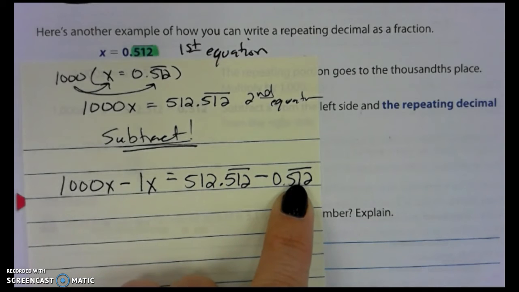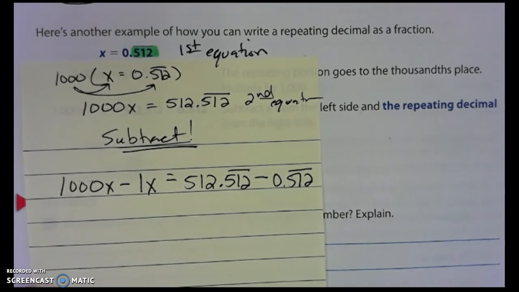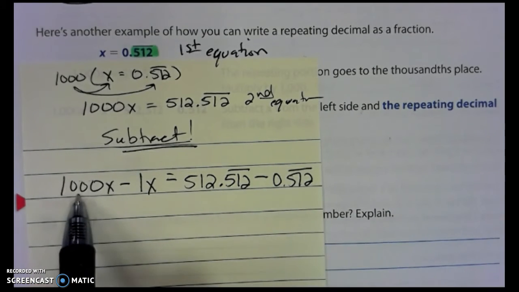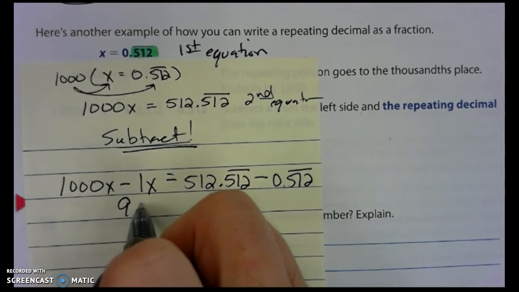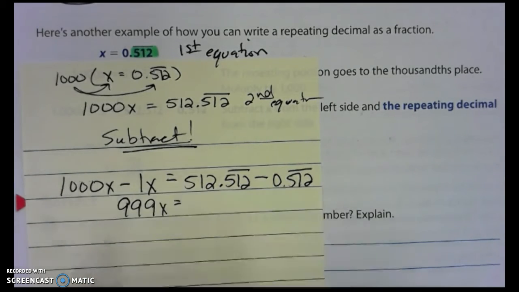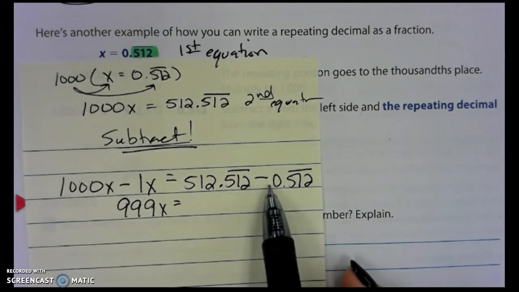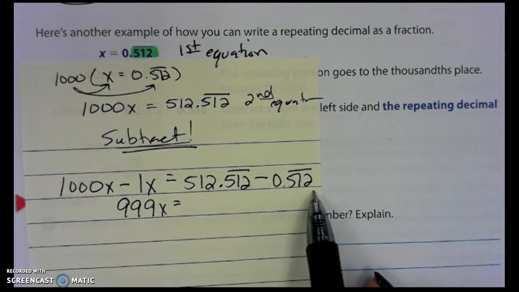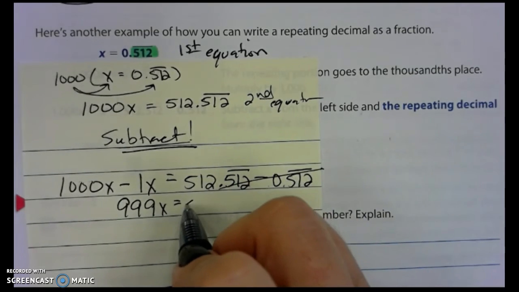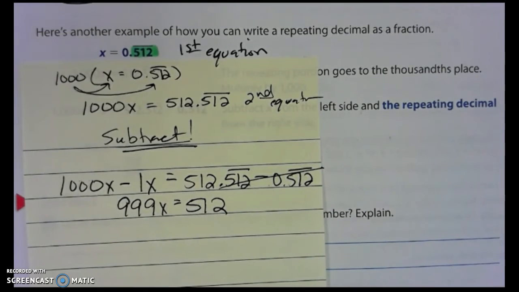Now when you simplify this, you're going to eliminate the repeating decimal. 1,000 minus 1 is 999x. And 512.512 repeating minus the 0.512 repeating gives you 512, a whole number.